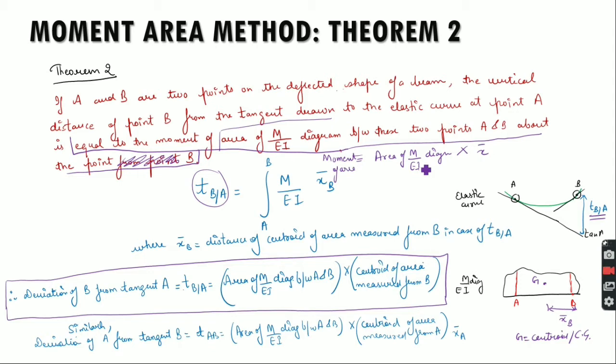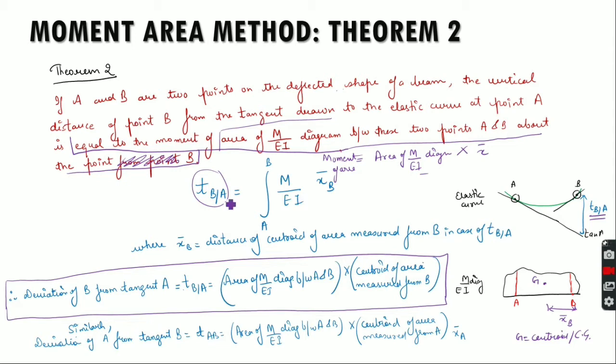So moment of area of M by EI diagram is basically the area of the M by EI diagram multiplied by x bar, and this x bar is what? So x bar is the distance of the centroid of area measured from B in case of TBA, right?